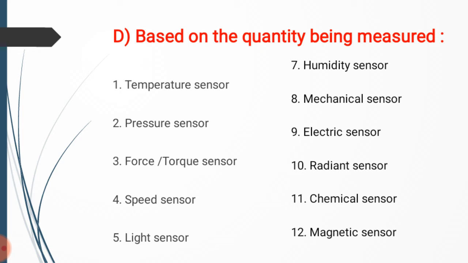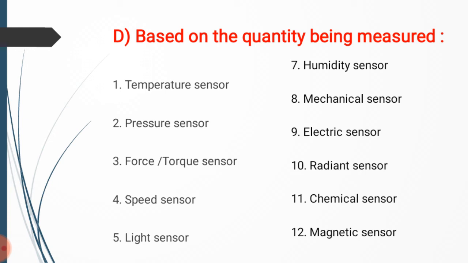The pressure sensor is used to measure pressure; strain gauges and Bourdon tubes are examples. Third one is the force sensor or the torque sensor. Force is in linear motion and torque is rotational motion. So these are used to measure force or torque.